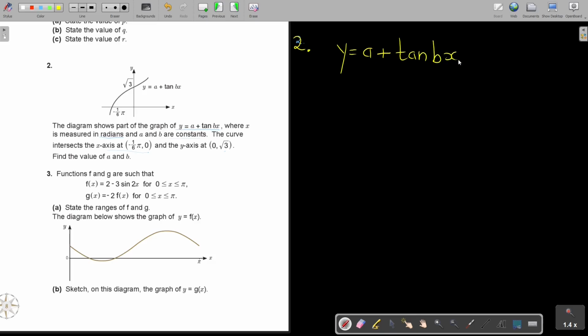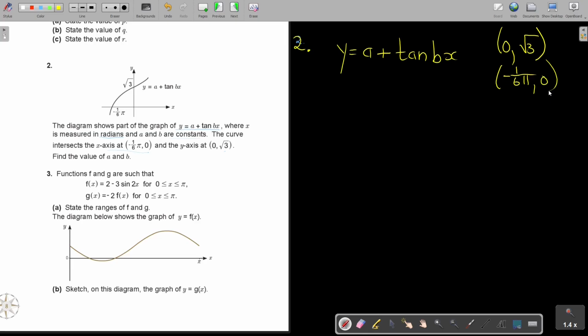The 2 points that I have: I have the 0 and 3, that's the y-intercept, and then I have the x, which is -1/6 pi and 0.